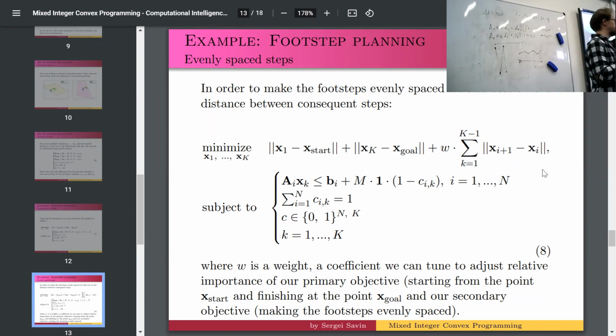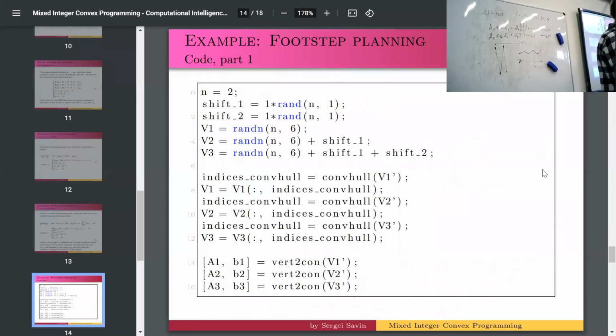So there can be kinematic constraints there. Some robots cannot orient their feet very easily. All right, so orientation of the feet is a big problem. Position of the feet is mixed integer, convex optimization. But as I said, you can do orientation as mixed integer as well. So good. Let me now show you, any questions before we go to the code.